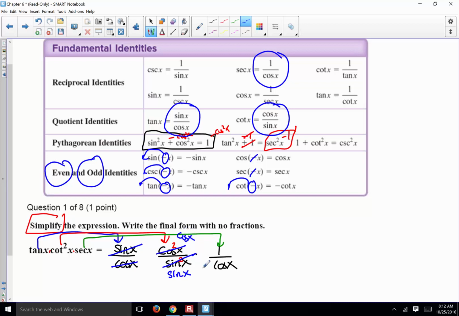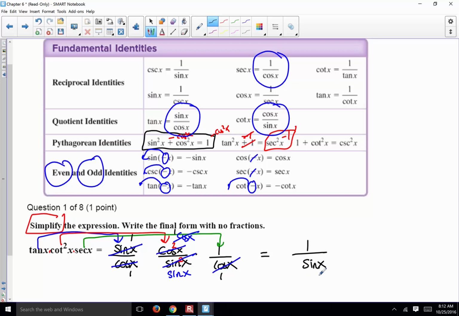There is another cosine left, but that cosine is killed by another cosine. And what is left? Here, if everything wipes out, there is still one everywhere. 1 times 1 times 1 times 1. On the top you have only 1. 1 times sine times 1 is, what is it?